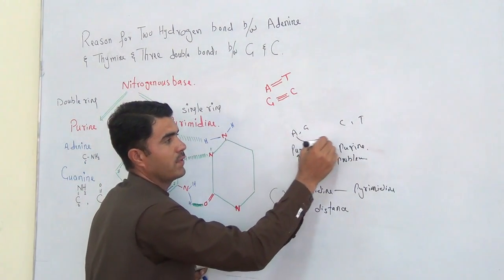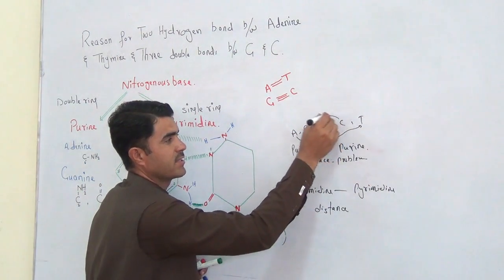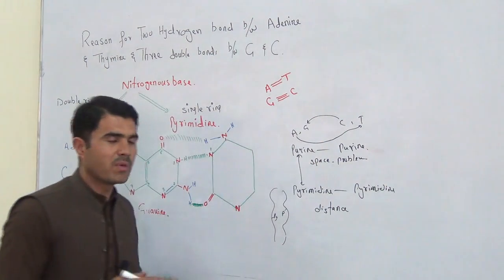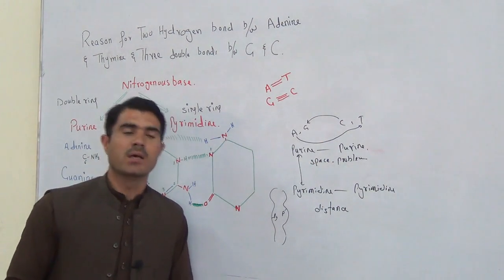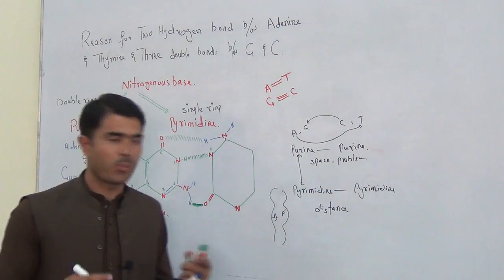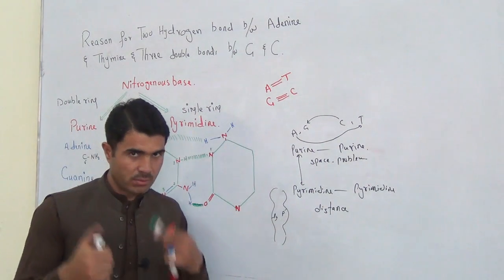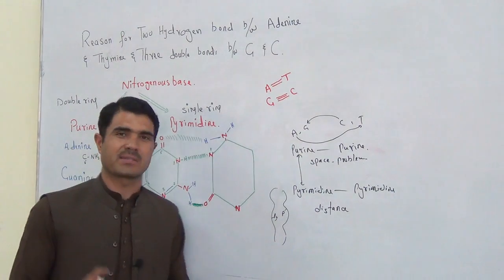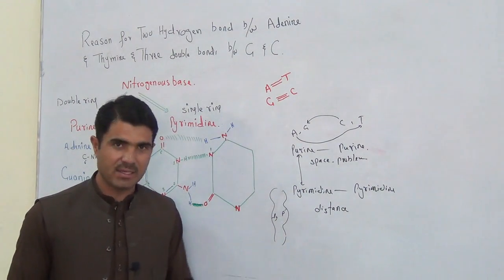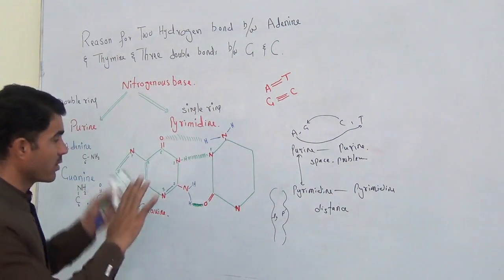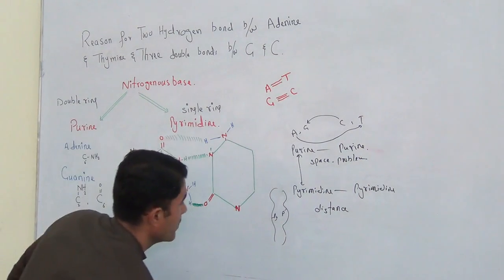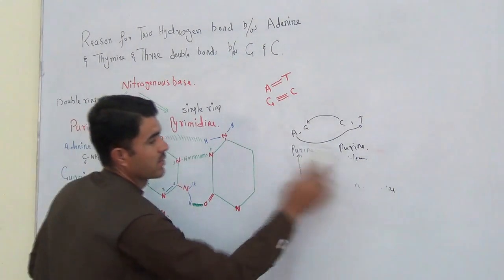A is always attached with thymine and C is always attached with guanine. We will discuss this in the structure of DNA as well, but these were a few points that I wished to discuss with you, because most of the students at the master level want to know the answer. So now we have the nitrogenous bases.